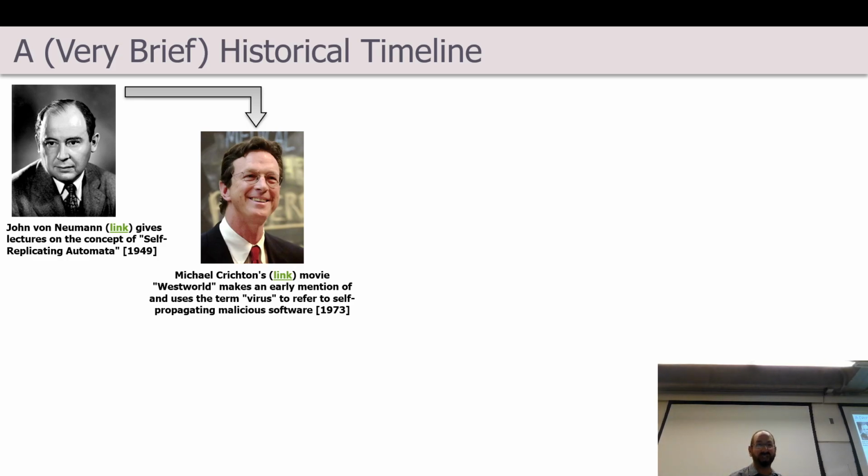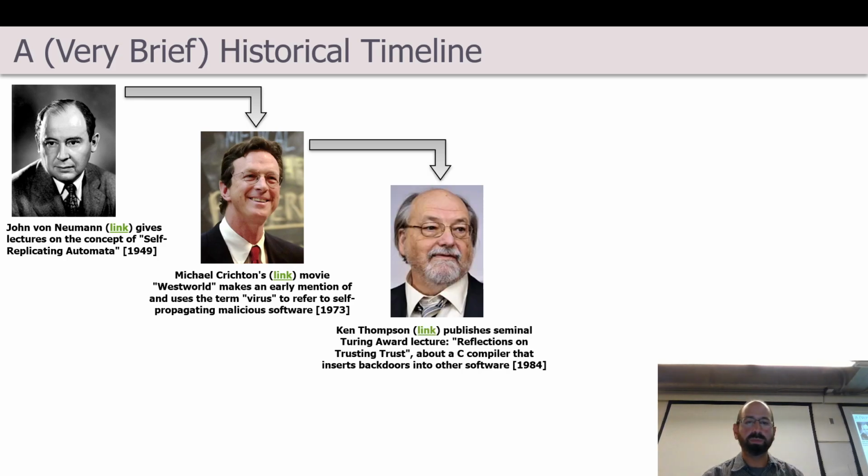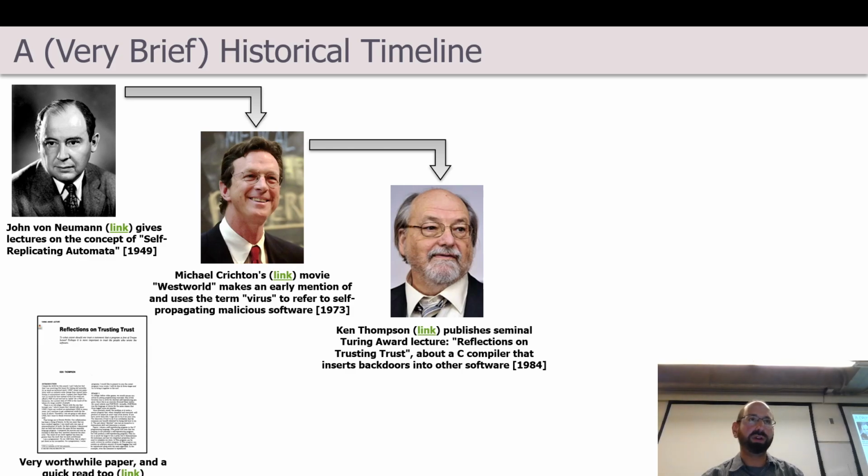This is the earliest reference I can really find in any common use where it was not just the biological concept of a virus, but software itself acting in the nature of a virus. That's 1973.